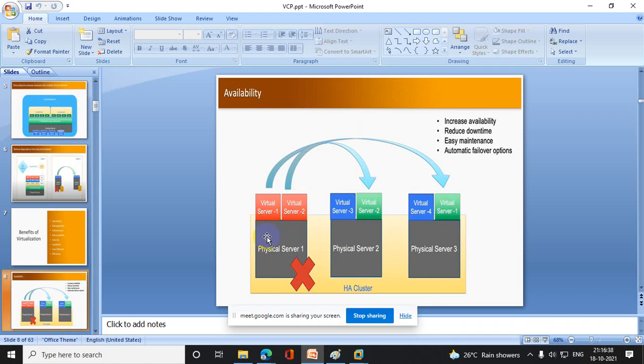Before the server crashes, it migrates the virtual machines to other working physical servers. This is called availability: increased availability, reduced downtime, easy maintenance, automatic failover options. Here the feature is called HA, high availability.